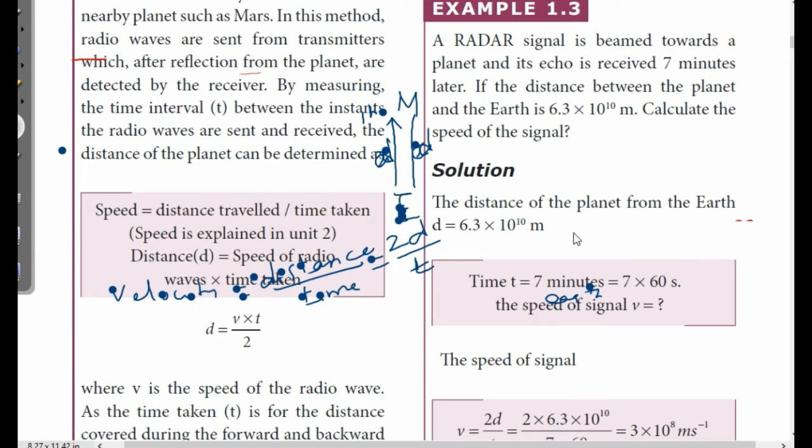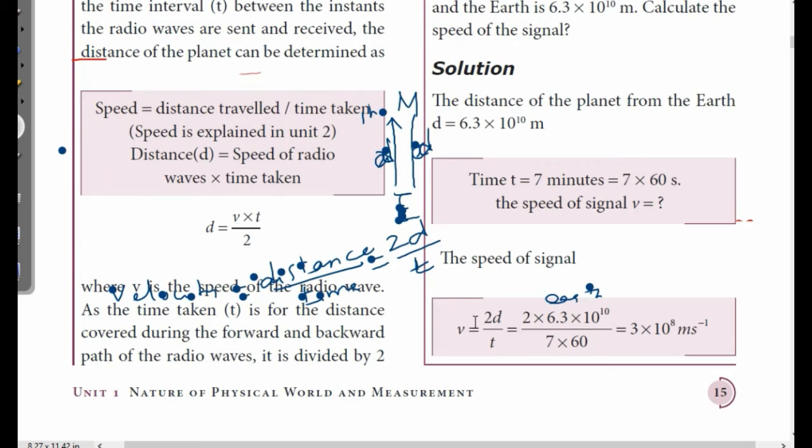In this problem, v is equal to, same formula, distance by time, that is 2d by t. Here the distance is given, and the time taken is 7 minutes, which we convert into seconds, that is 7 into 60. So finally we get 3 × 10 to the power 8 meter per second.